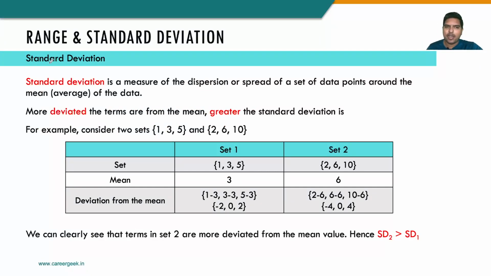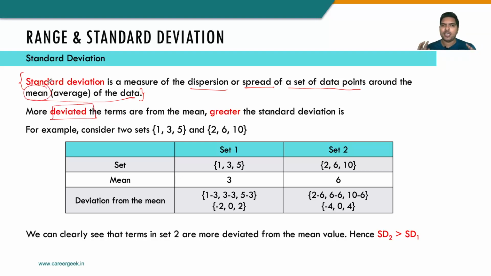Now let us see standard deviation. Standard deviation is a measure of dispersion or spread of a set of data points around the mean of the data. Again, too many hi-fi words. What's important is standard deviation measures how deviated the terms are from the mean value.